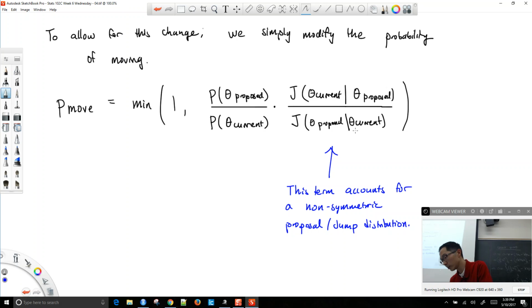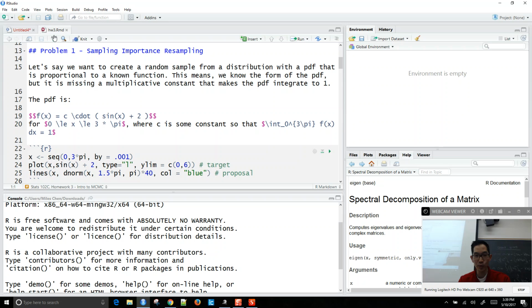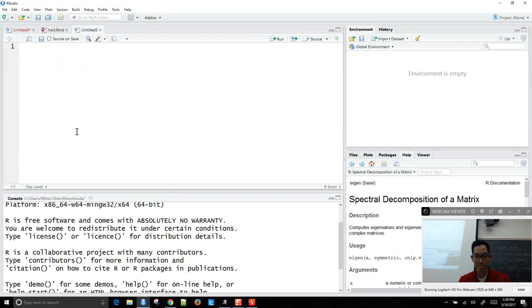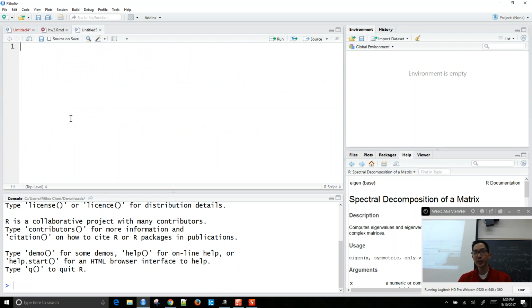Okay, so I'll do a small demo here of maybe just the Metropolis algorithm to begin with. Okay, so we can start off with any kind of PDF that you want. Let's say the f that we want is going to be a function of x, and we'll just do negative x squared.